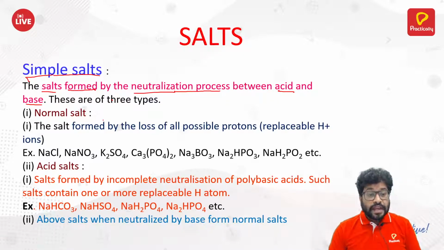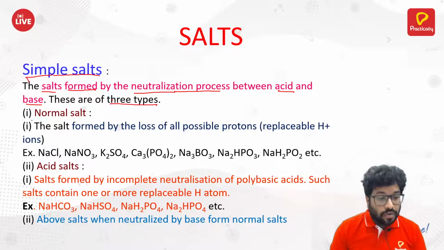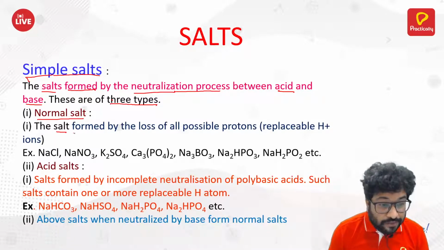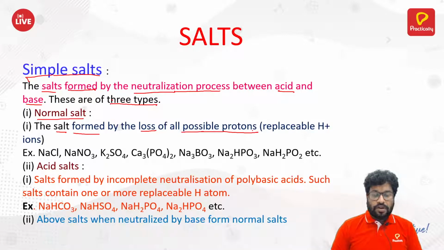Now there are 3 types of these salts. First is normal salt. Now what is your normal salt? The normal salt is actually formed by the loss of all possible protons, I would say replaceable H+ ions.